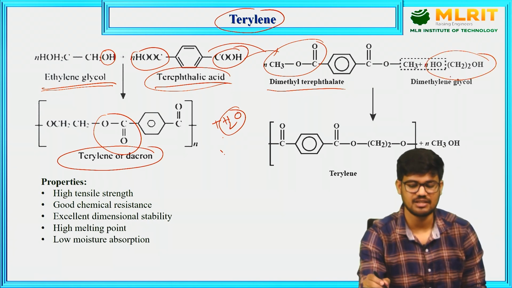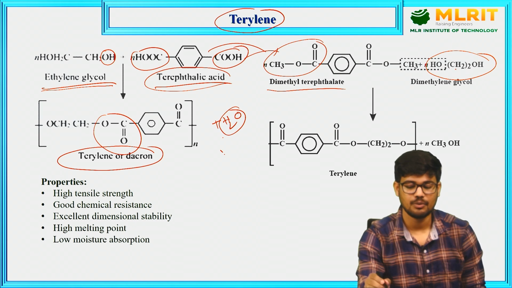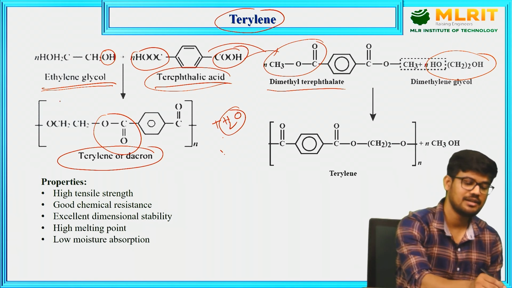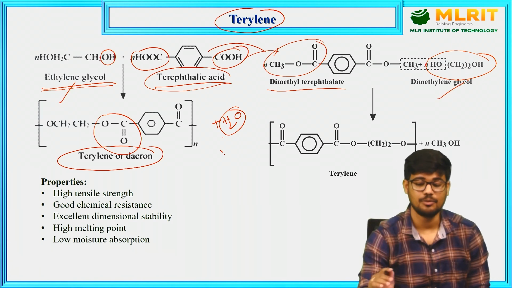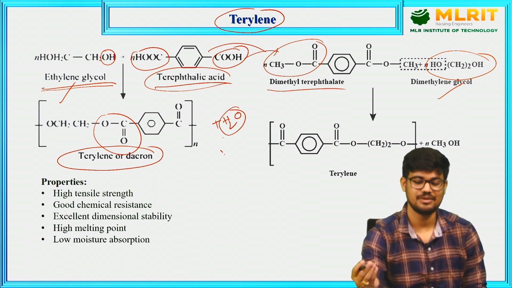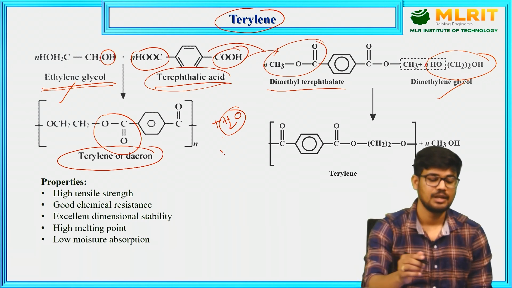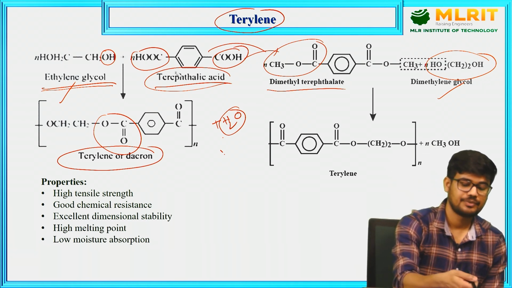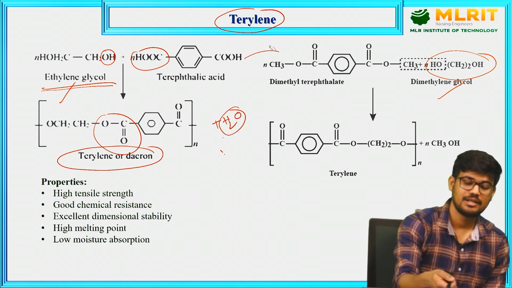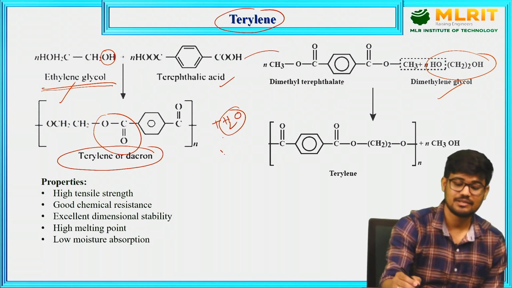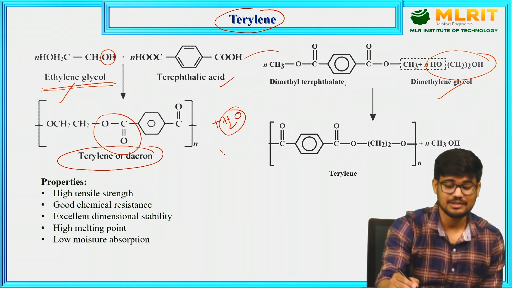If you see the structure, CH2 CH2 with OH on both ends, both are the same. Ethylene glycol and dimethylene glycol have the same structure. The name is different but the structure is the same. Terephthalic acid is the acid and this is dimethyl terephthalate, this is the ester.